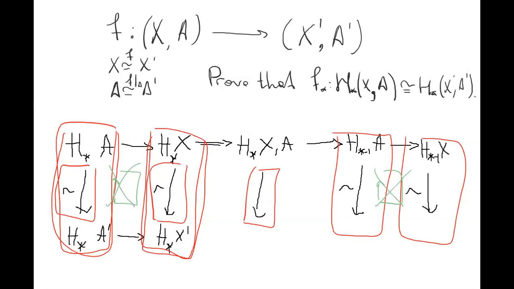So if you have a map of pairs, then you have a map of the long exact sequences. But if you have two different homotopy equivalences, then in general that is not okay.